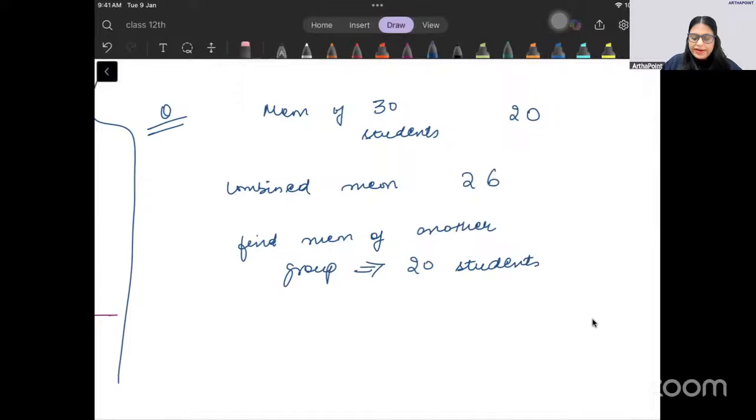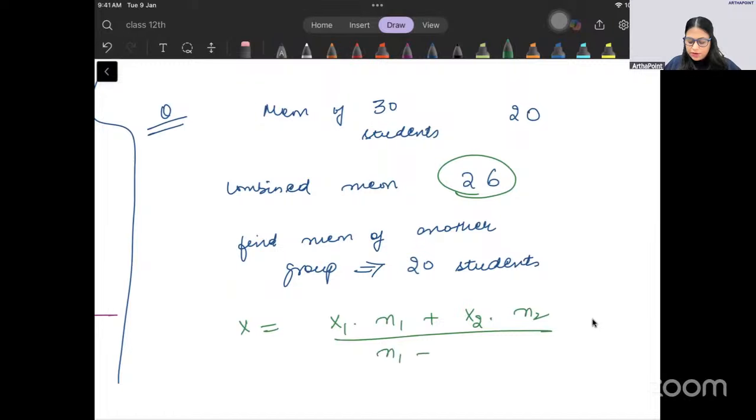You're given combined mean is 26. So combined mean is x1 into n1 plus x2 into n2 upon n1 plus n2. Combined mean is 26. Mean of 30 students is 20.